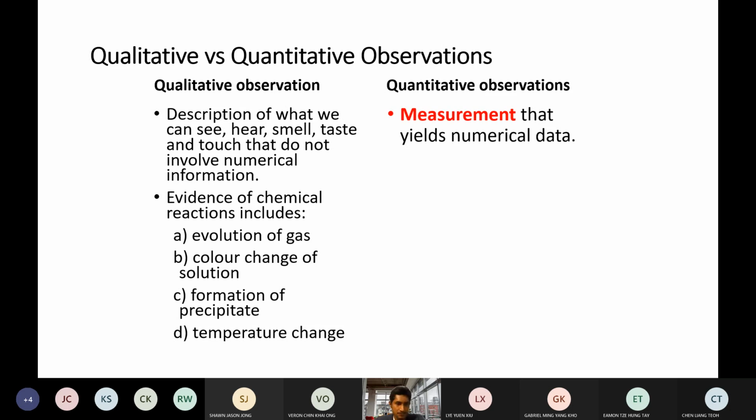Sorry, so qualitative observation: the gas is going out from the bottle, from the test tube, and we can see that gas, but we cannot make others see it. Maybe my eyesight is better, or your eyesight is better, you can see, I cannot see.